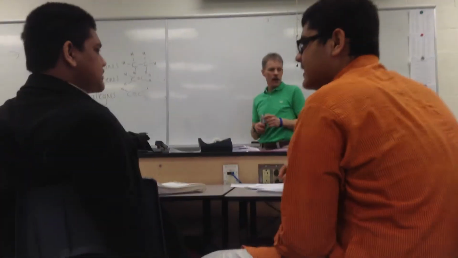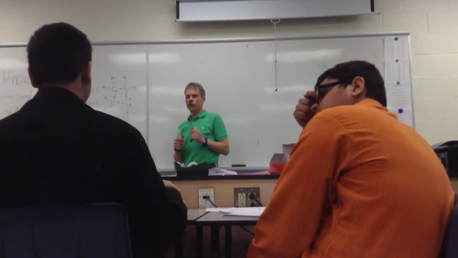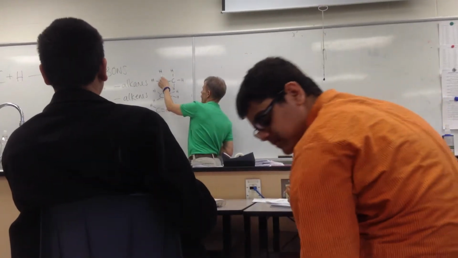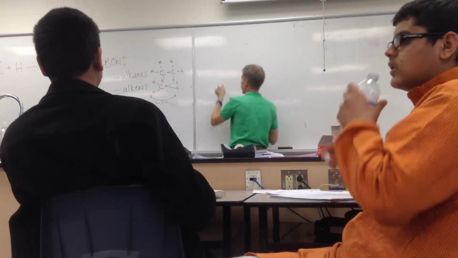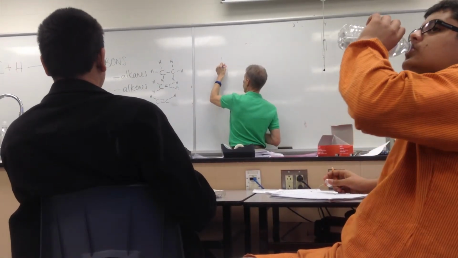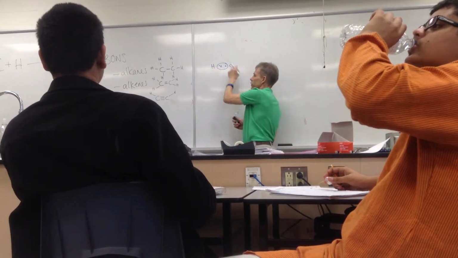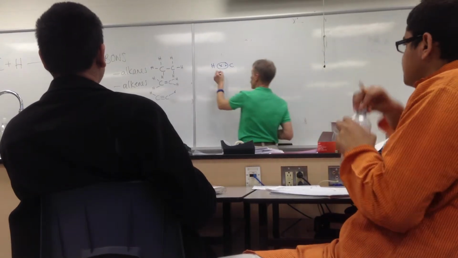Okay, ladies and gents, just so you know, let me fill in some blanks here. When I draw a line like this, this represents one bond, which basically means an electron pair.